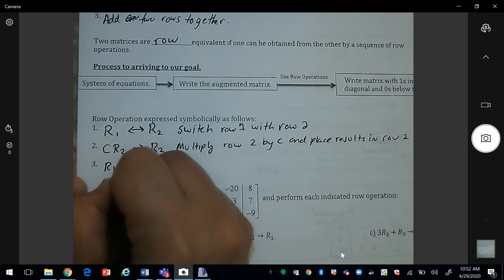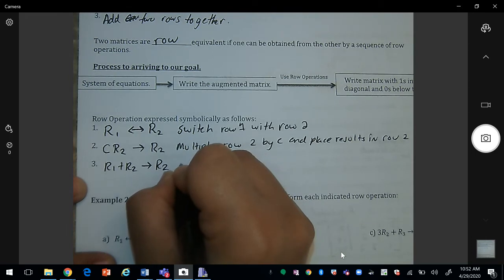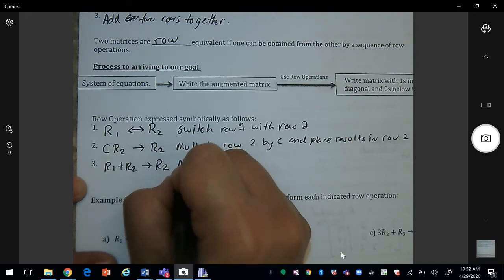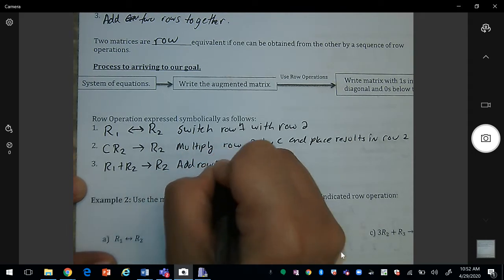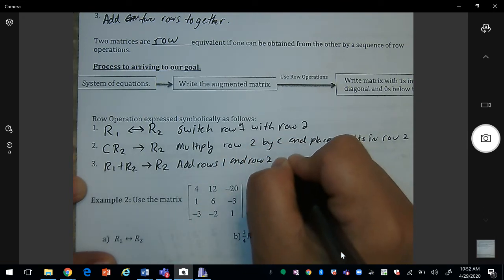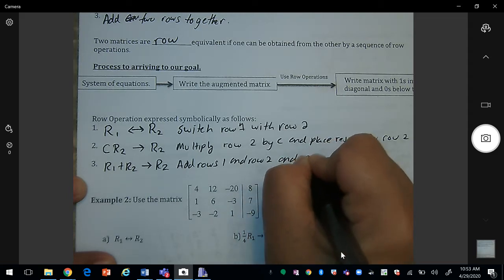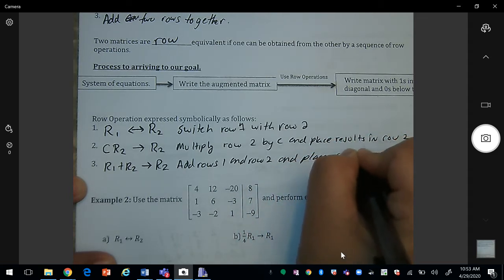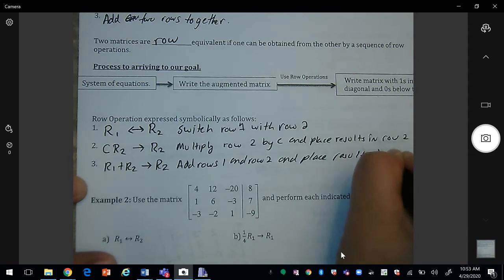If we have R1 plus R2, then this would be add rows 1 and 2 and place results in row 2.